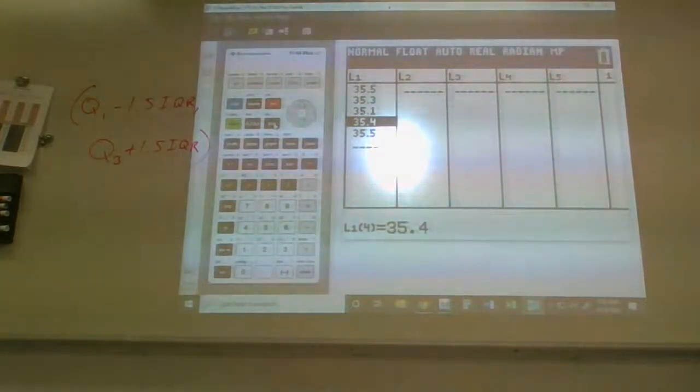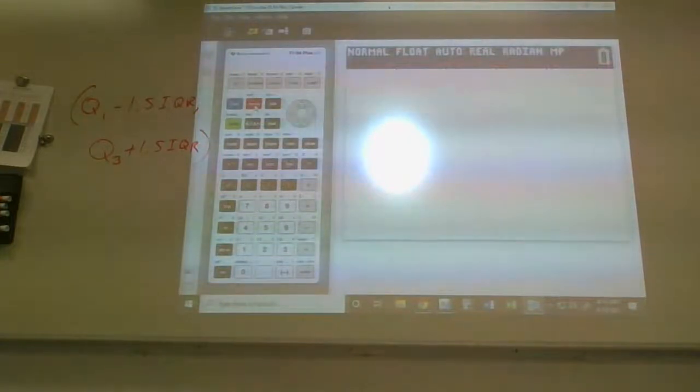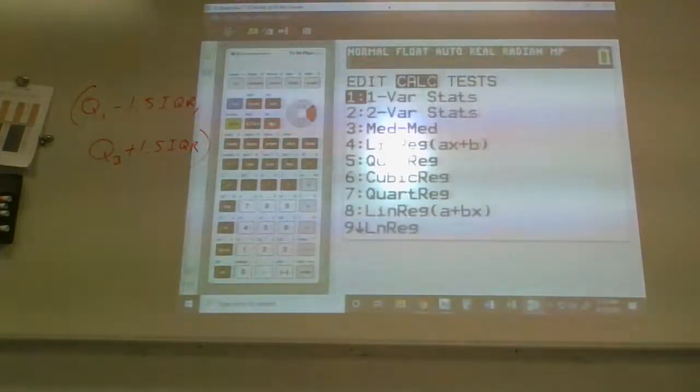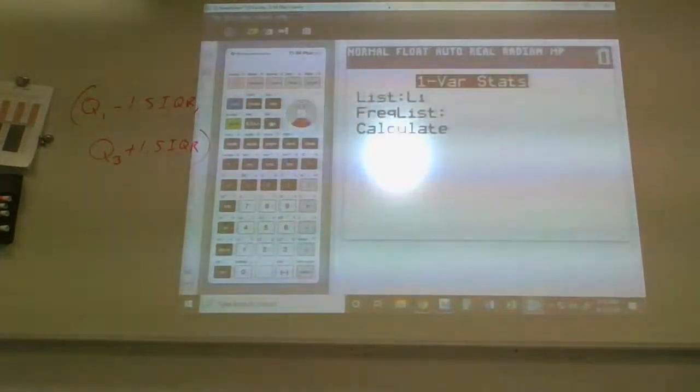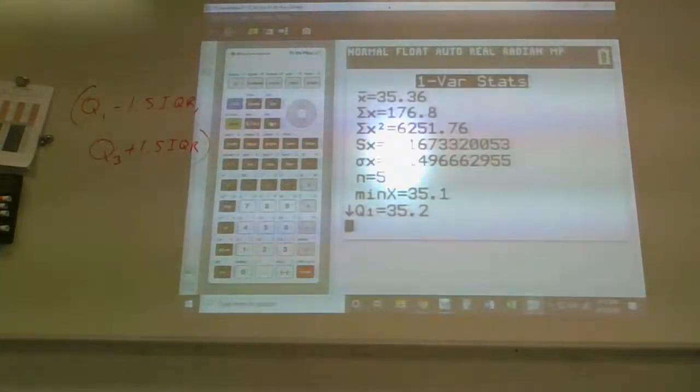You can delete it. And once it's gone, you're going to want to rerun the 1var stat to get the brand new sample average of 35.36, standard deviation of 0.167, which as long as you run that 1var stat, it'll automatically be put into the t-test.